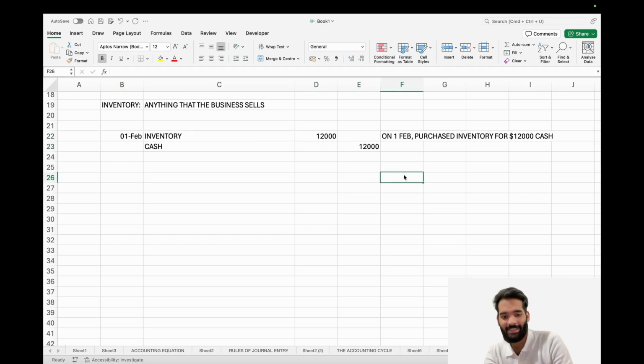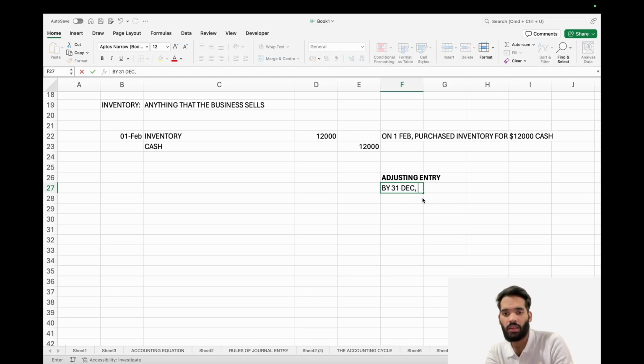However, at the end of the year, you might be given this information. If you're required to do adjusting entries, you will be given this information. By 31st December, inventory, let's say worth $4,000 remained in stock.